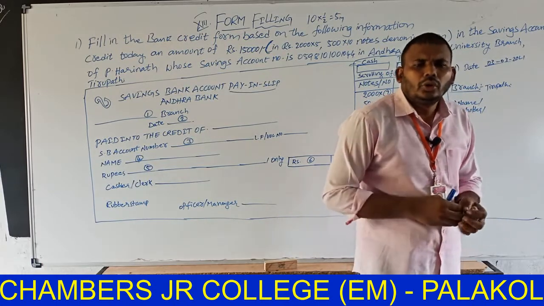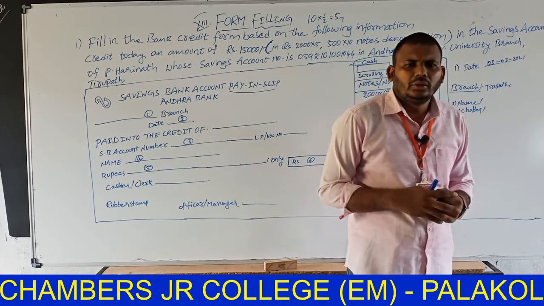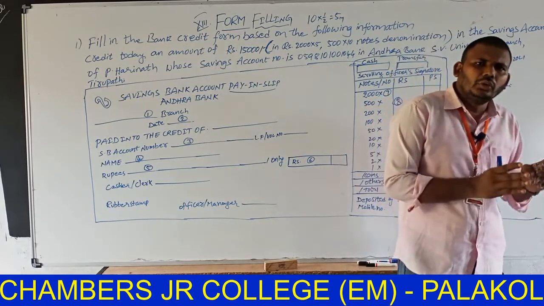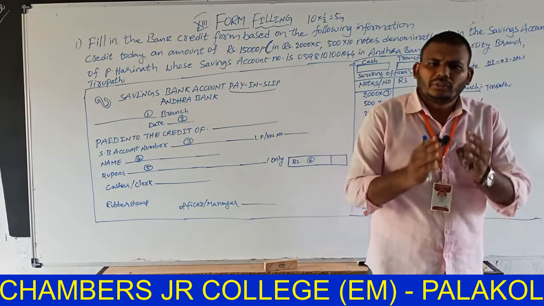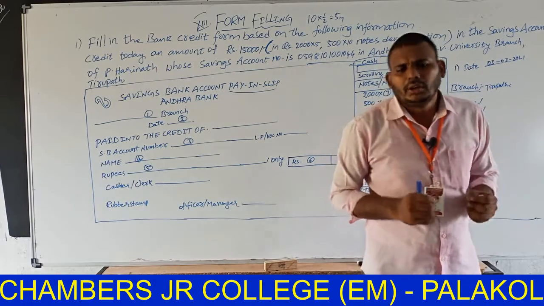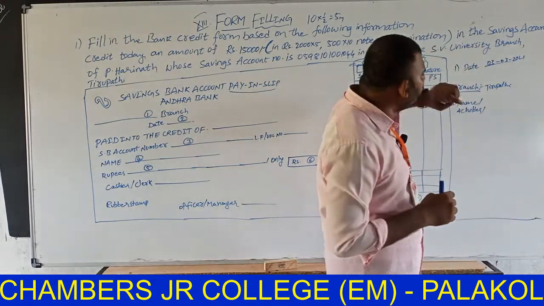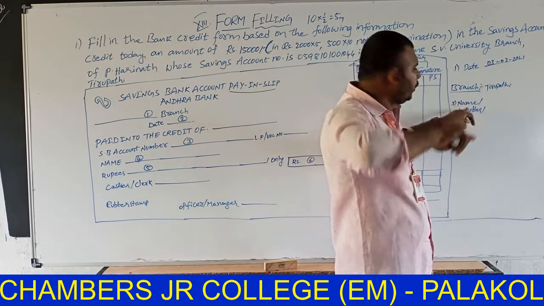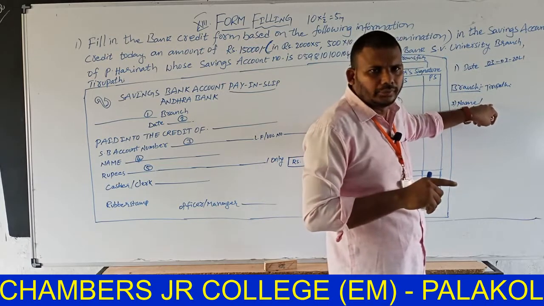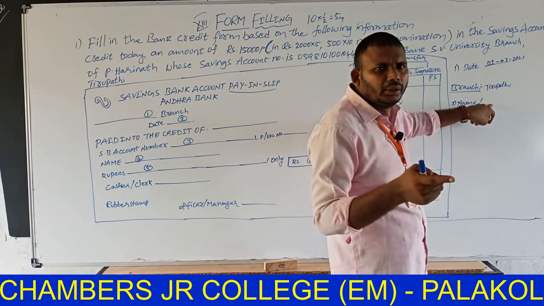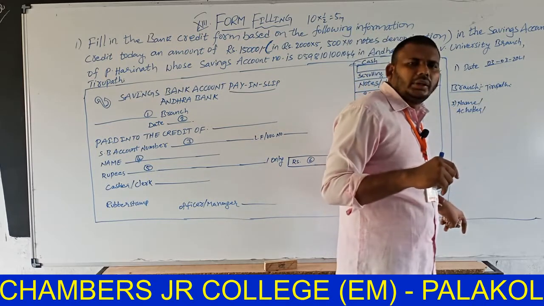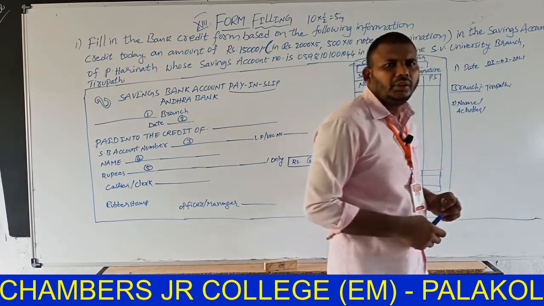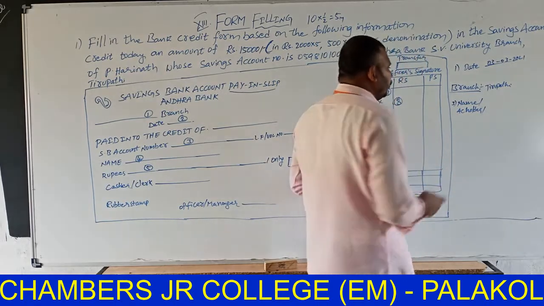Then who will be the depositor and who will be the account holder? Your father will be the account holder and you will be the depositor. Then you need to write the name of your father in the column of name or account holder. But your signature should be put at the end for the depositor. That is generally given at the bottom of the form. Got it?